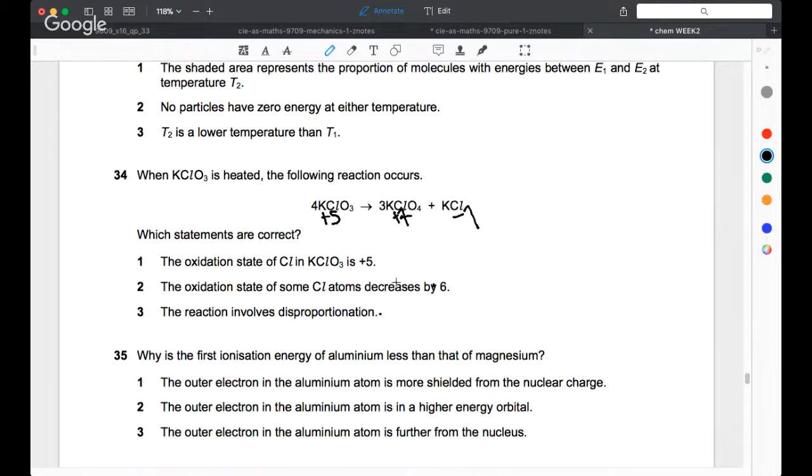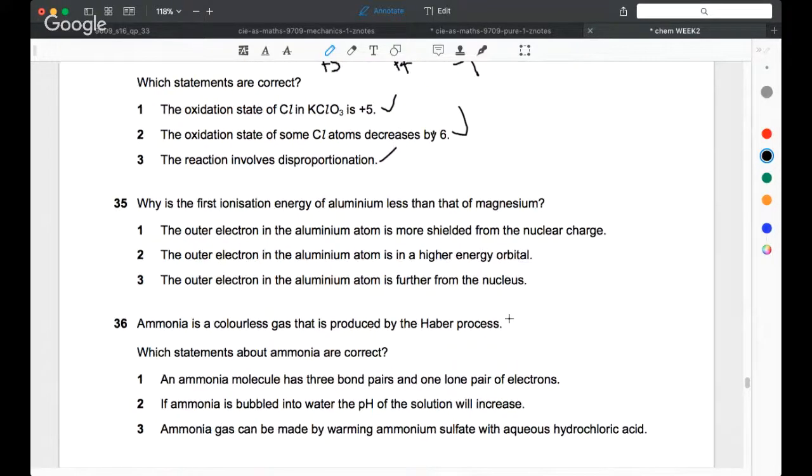Okay, that's right. Two. So from 5 to 7, it increased by 2, and from 5 to 1, it decreased by 6. Decreased by 6. So, okay.